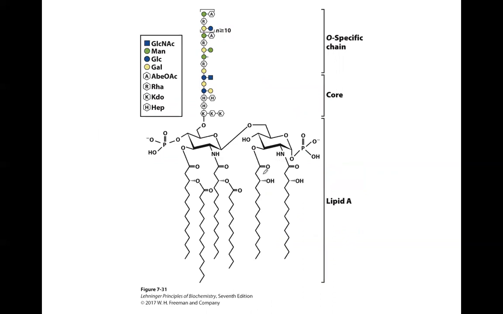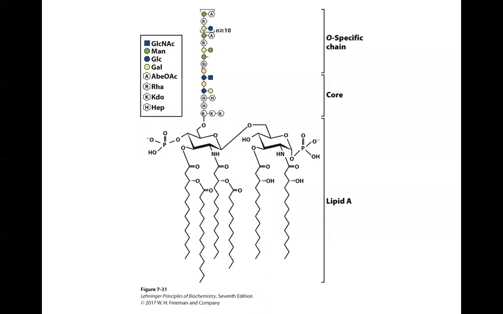Lipopolysaccharide, remember, on gram-negative bacteria, there is a lipopolysaccharide coat, which protects the peptidoglycan layer underneath it, protects the cell wall. And this is the general structure. So lipid A is a pretty conservative portion of it that doesn't change from one lipopolysaccharide to another.